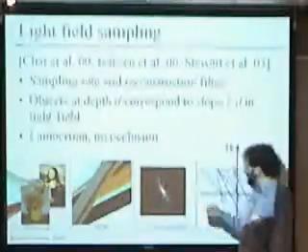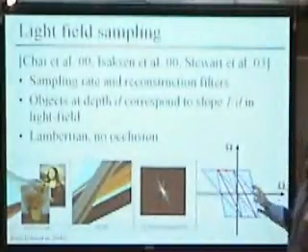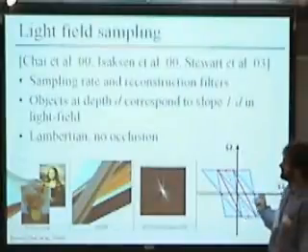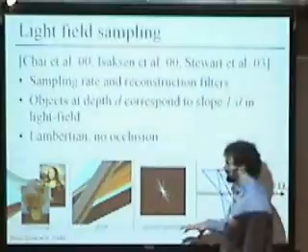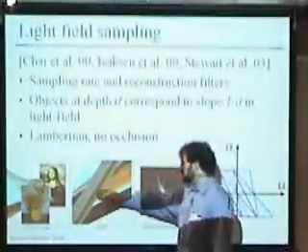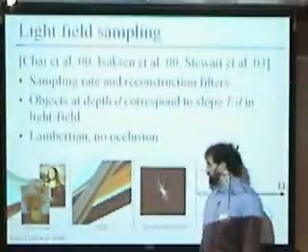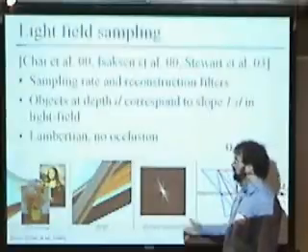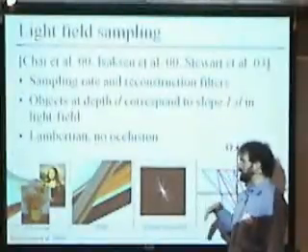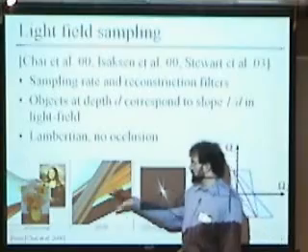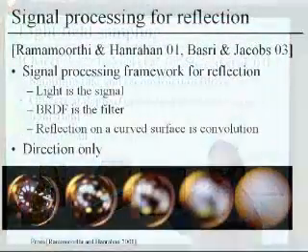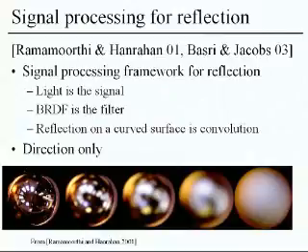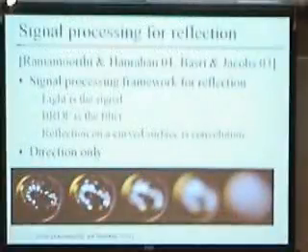And from that, you can derive some nice reconstruction filters when you compute images from light fields. So what we're going to do has a lot of similarities with this. We'll actually see equations that look a lot like what has been derived in this context. The difference with what we do is that we add a lot more phenomena, because in this work, they mostly consider diffuse objects and they don't really look at the problem of occlusion.